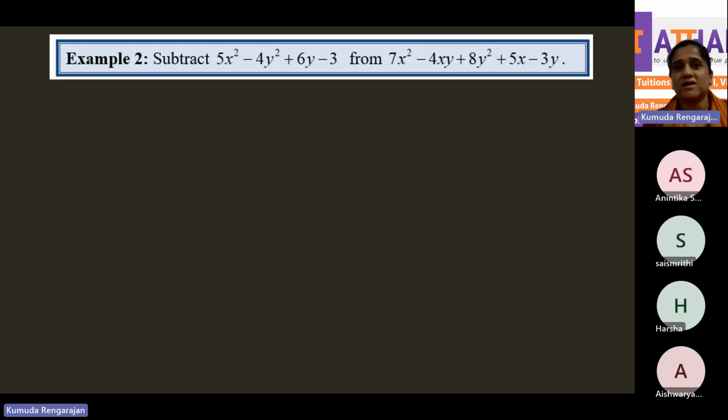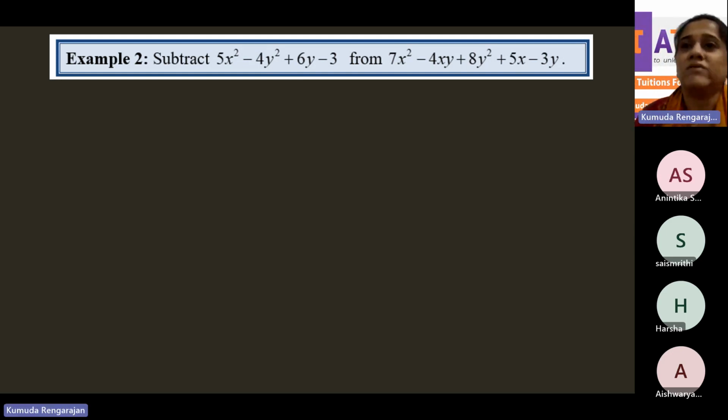Addition, you can do that. If you have 6 expressions to be added, you can simply place them one below the other, making sure that the like terms are placed correctly, and you can add all 6 in one go. But subtraction, you cannot do that. Subtraction, only 2 at a time. After from first row, before from second row, that's all. If there's another expression, wait, we have to finish this and only then use that.